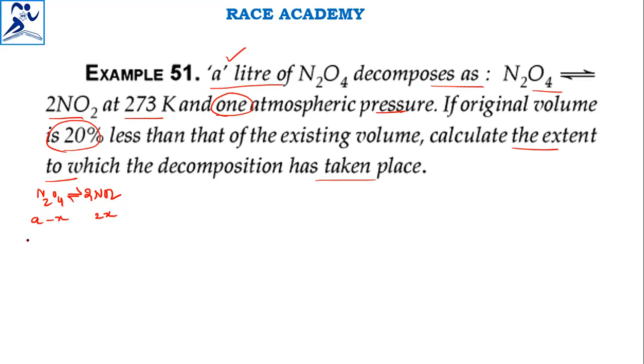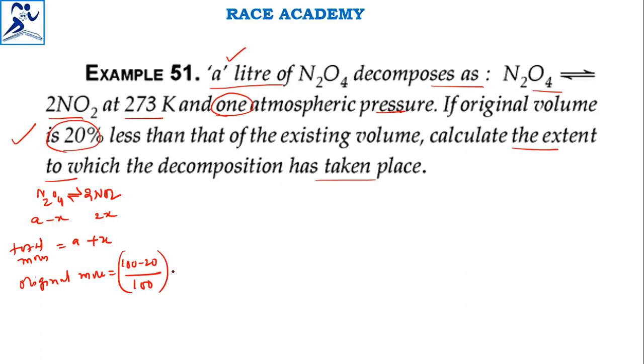So what is the total moles at equilibrium? That is A plus X. And what is the original moles? Original moles is 20% less, means 100 minus 20 by 100. Actually it is 80% only.